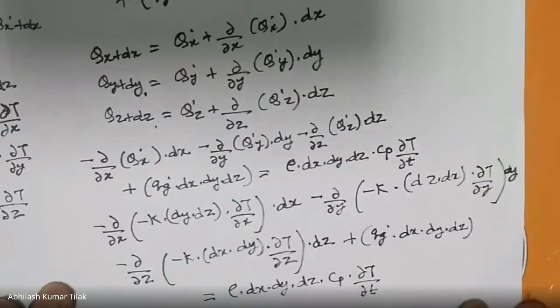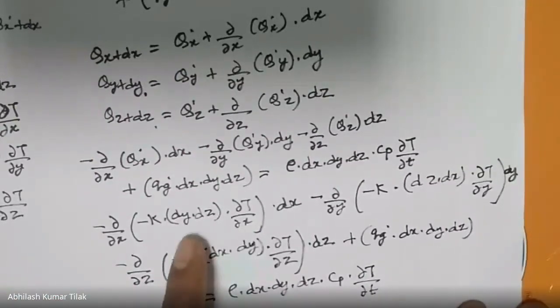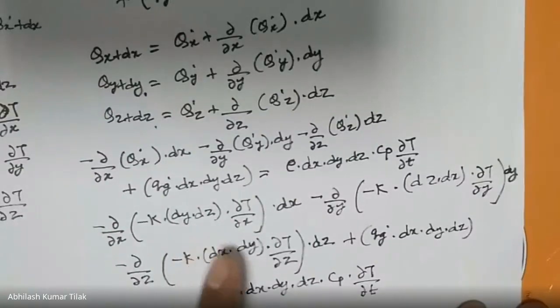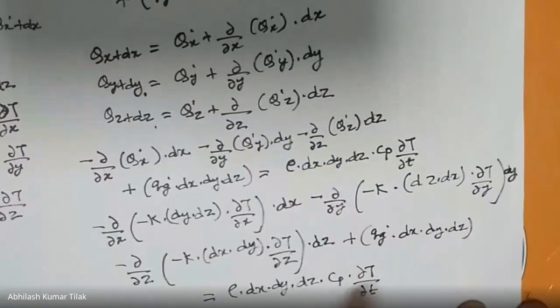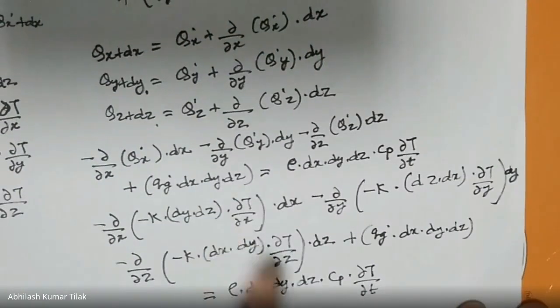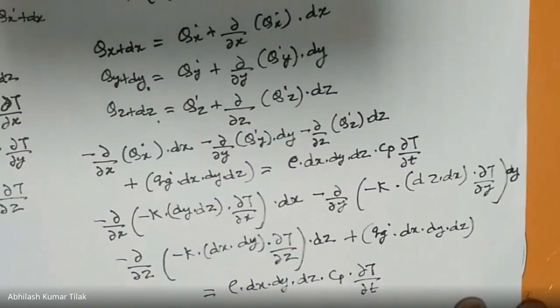Now if you see this equation, dx into dy into dz is common in all these parts, same on the LHS side, same on the RHS side also. So you can just cancel it out.